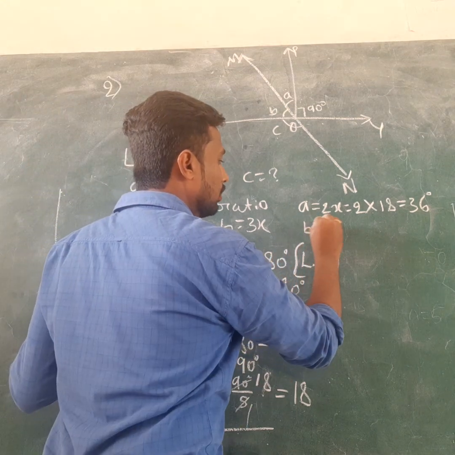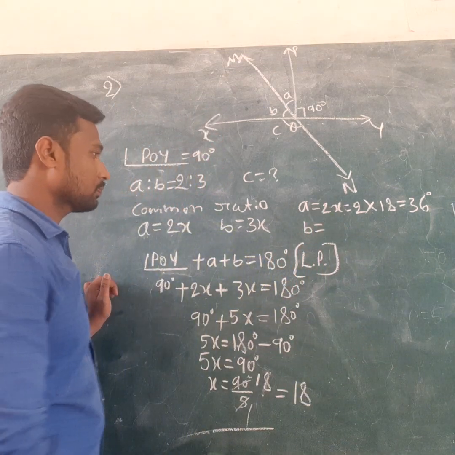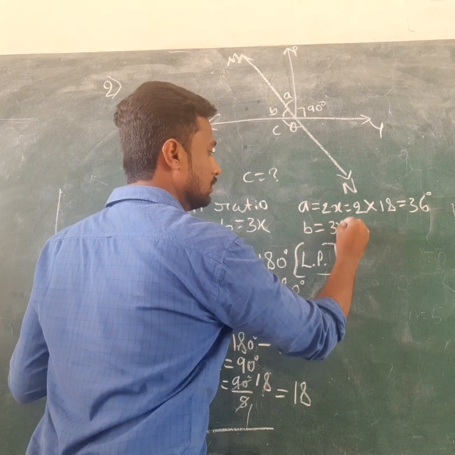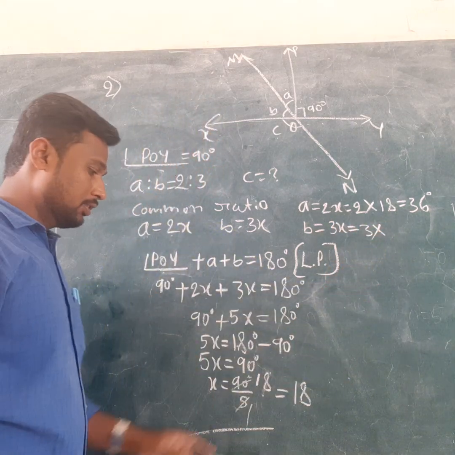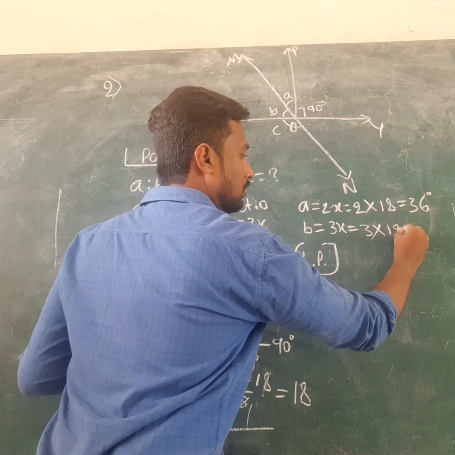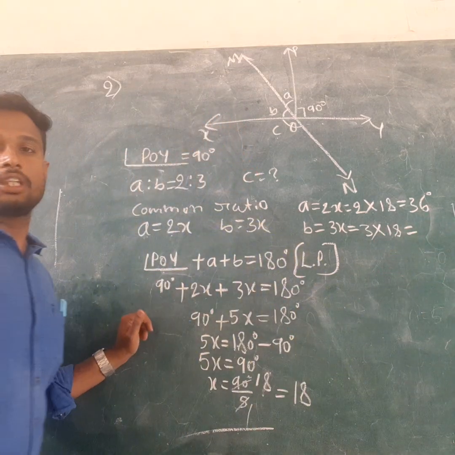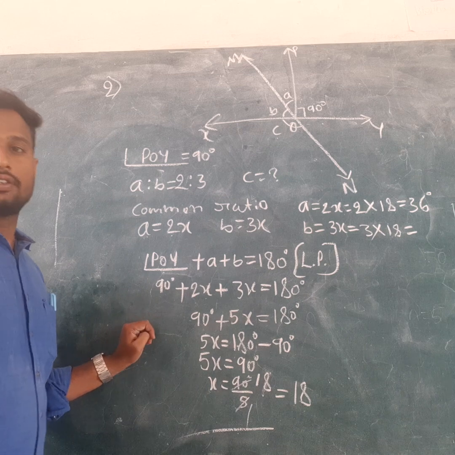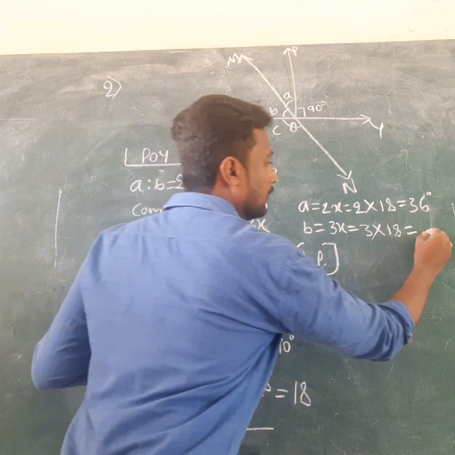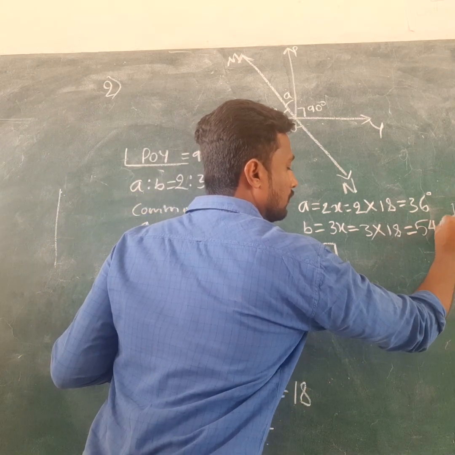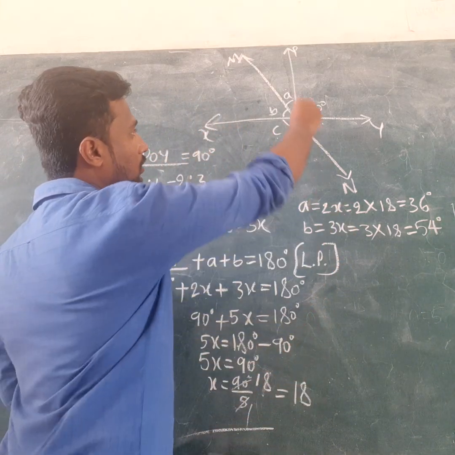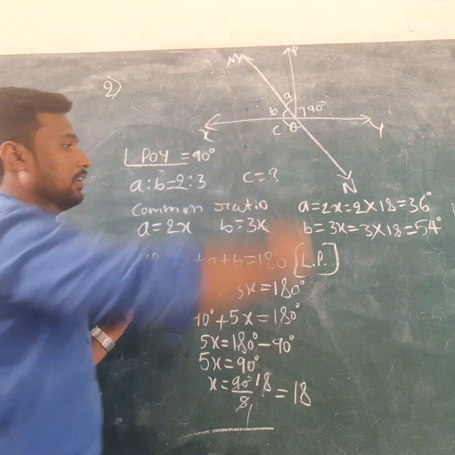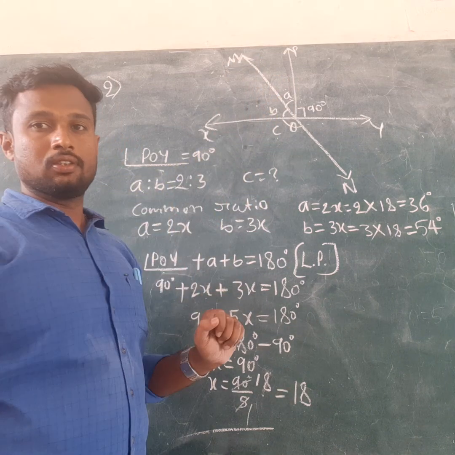Next, B is equal to 3x, which means 3 into 18. 18 into 3 means, what is the answer? 18 into 3 means 54 degrees. So now I got the values of angle A and angle B.